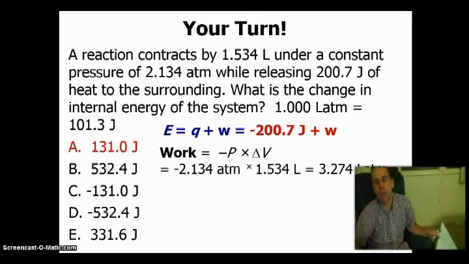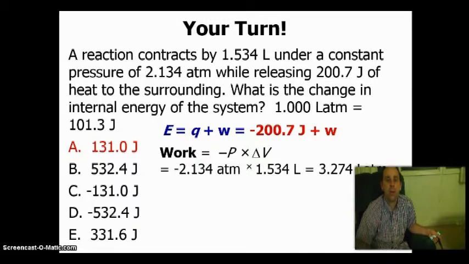Okay, so here's how we calculate the work. All right, we have our 2.134 atmospheres, because work is the pressure times the change in volume. The change in volume was 1.534, and that's a result of 3.274 liter atmospheres.